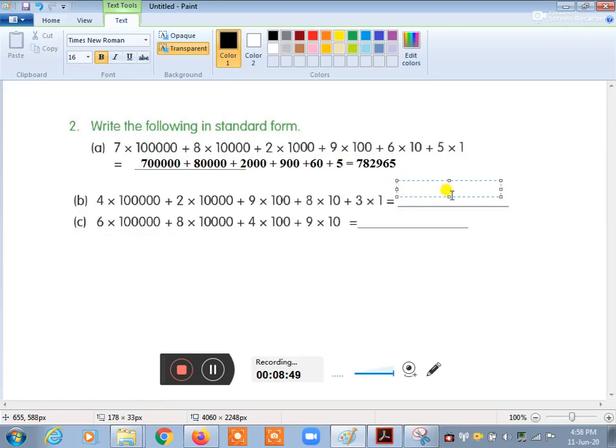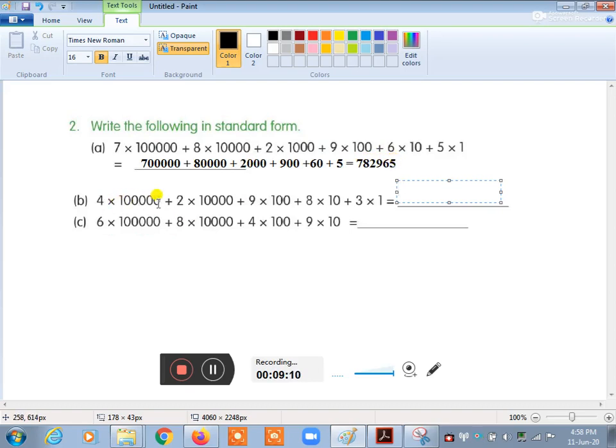So here we will write directly. I have shown the first example. So here I will write directly as a short form. So this is the short form. To understand the purpose I have written like this, but the answer is this one, 7,82,965.